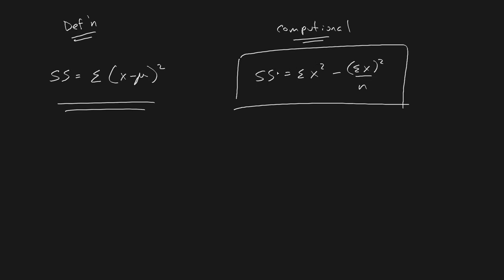So that's it. 2 different formulas. You can take your pick of which one you want to use. You're going to see a lot of that in statistics. A lot of times students would ask me which one is the correct one to use. If there are 2 formulas that give you the same quantity, there is no correct one to use. It's just whichever one you feel like using. They both give the same answer.